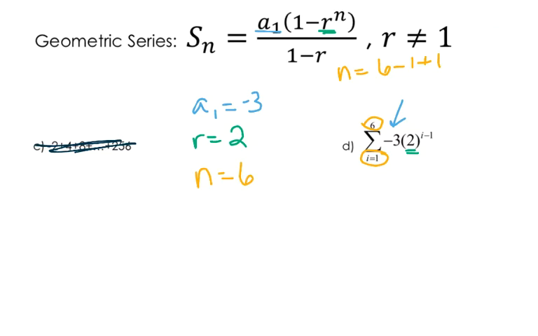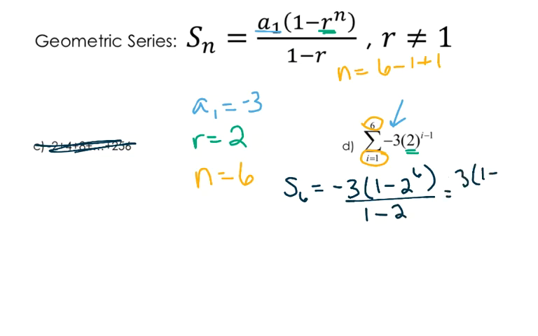Alright, now all I need to do is plug everything into my sum formula because I have everything I need. I know that my sum of my first 6 numbers is going to be a sub 1 is negative 3 times 1 minus r is 2 to the 6th power, all of this divided by 1 minus r, which is 2. I have 3, 1 minus 64 divided by negative 1.